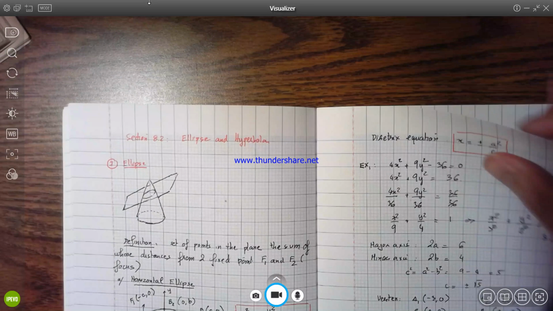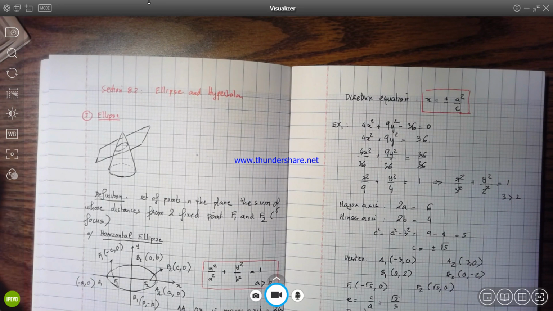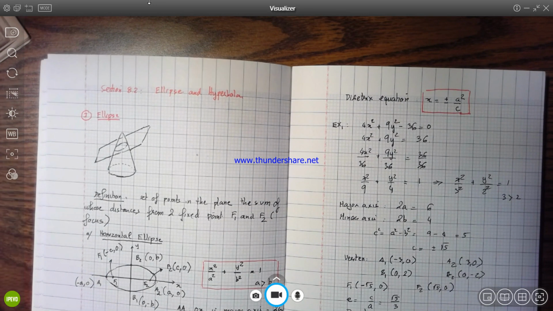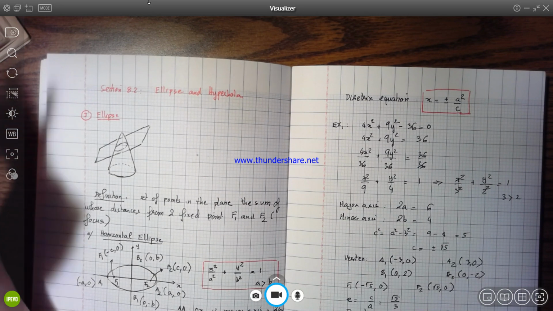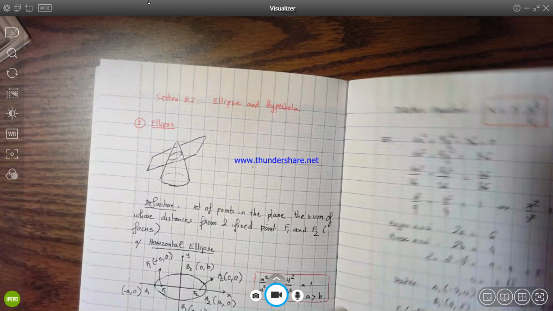Let's jump to... let me see. I can do another example. Okay, how about this? Example number 2.